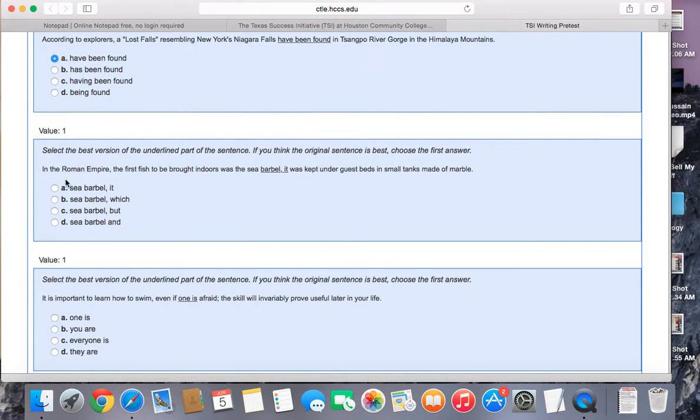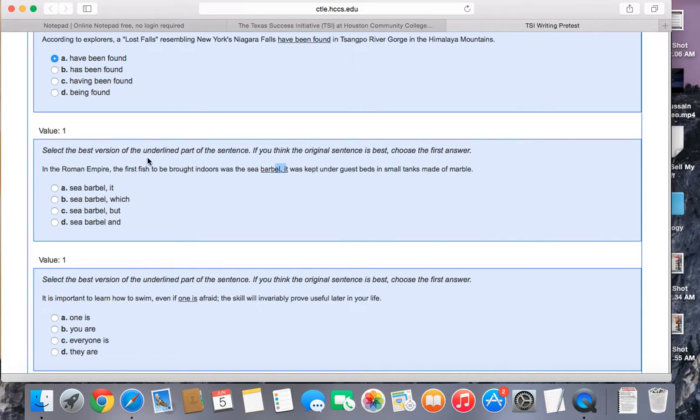Okay, in the Roman Empire, the first fish to be, right, keep in mind singular, the first fish to be brought indoors was the sea barrel. It was kept under guest beds and in small tanks made of marble. Guest beds, plural, singular. But two sentences. You wanna check in the sentence that's specifically in.